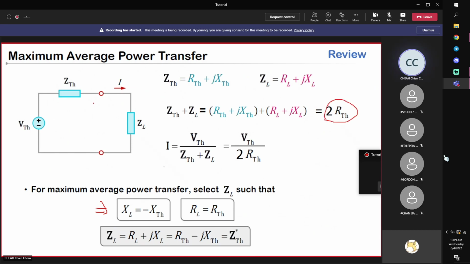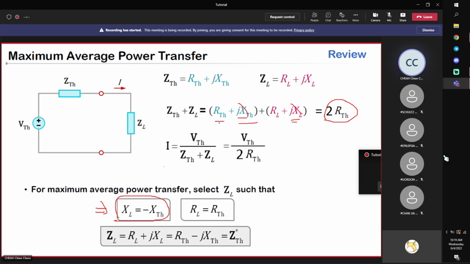These two are in series, and due to the fact that ZL is equal to negative ZTH in the reactive part, these two basically cancel each other, because they are equal magnitude, reverse sign.